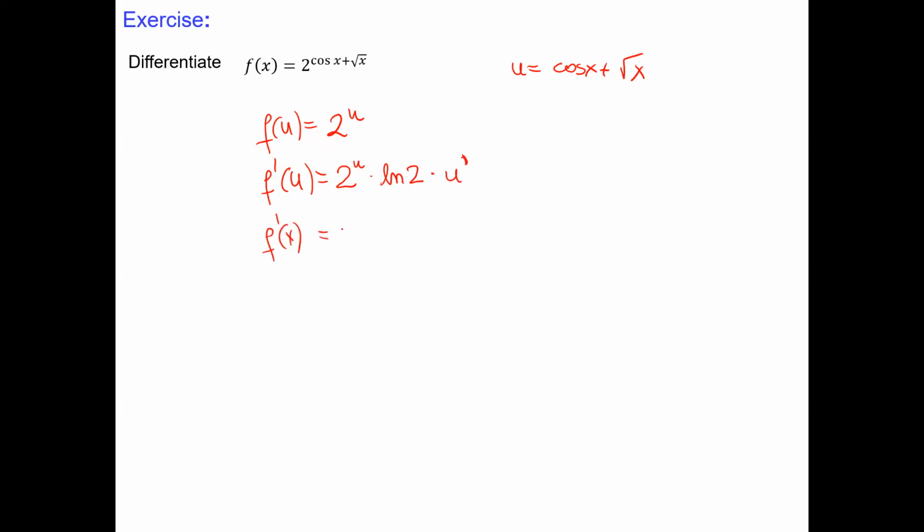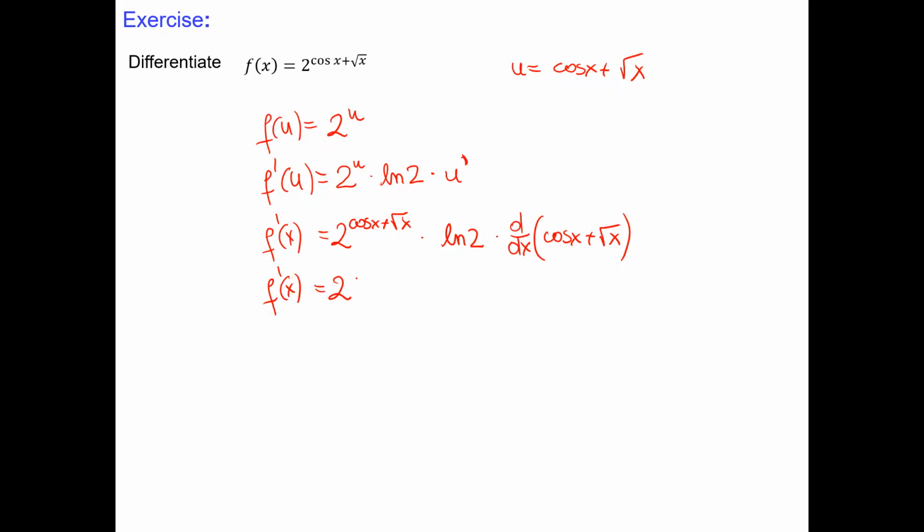The derivative with respect to x will be 2 to the power of u, where u is cosine of x plus root x, times natural log of 2, that's part of the formula, and times the derivative of u, the derivative of cosine of x plus root x. Let's rewrite one more time.